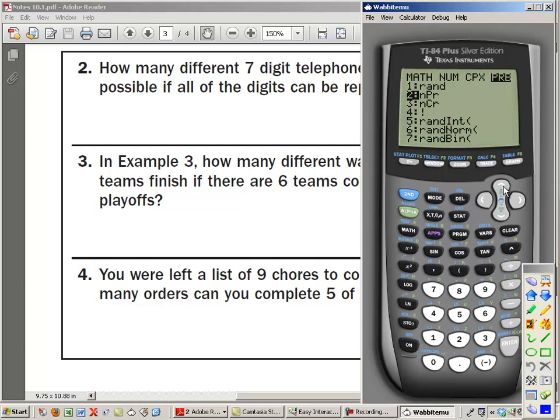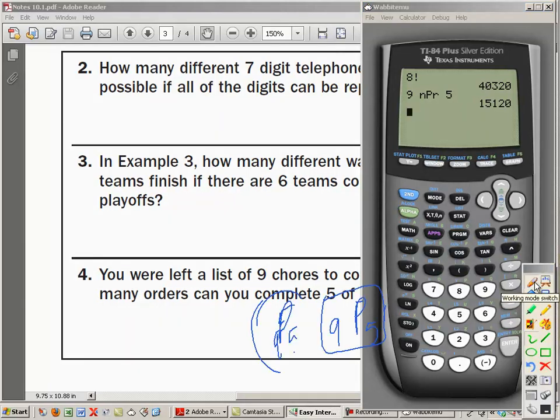That means n choices permuted r ways. So 9 nPr, and we want to choose 5 chores. 9 permute 5 comes out to 15,120, and you remember that down below, hopefully you got 15,120. So that's how you do it on your graphing calculator, but I wanted you to recognize how to do it first before I showed you the buttons on the calculator.